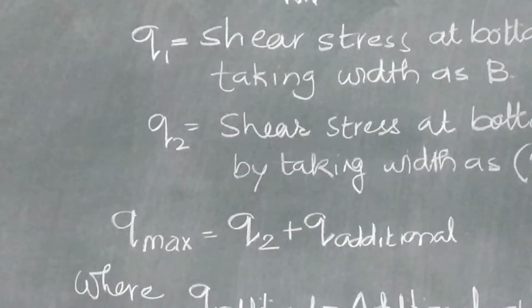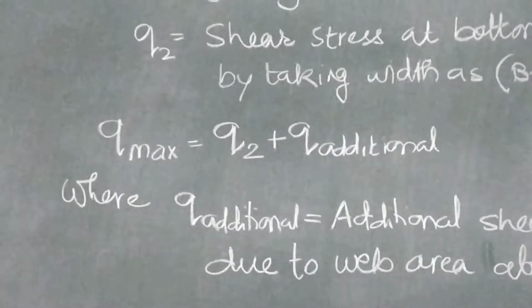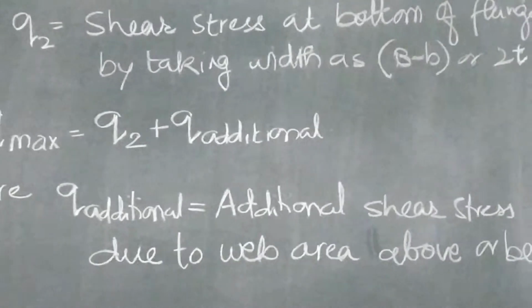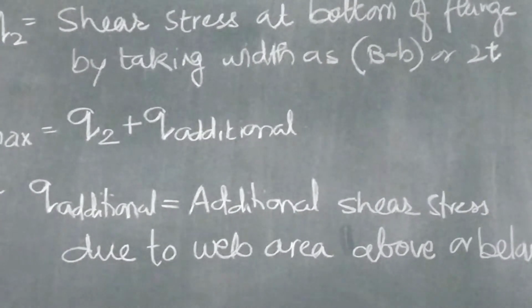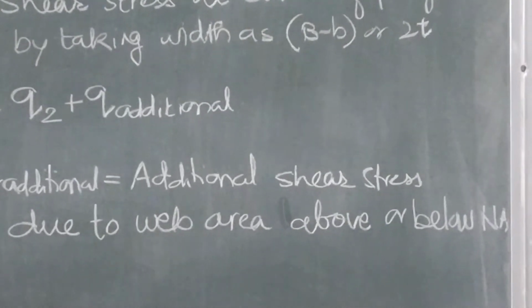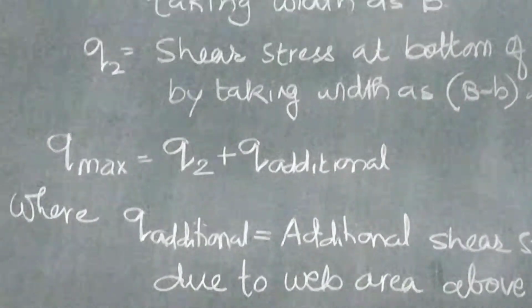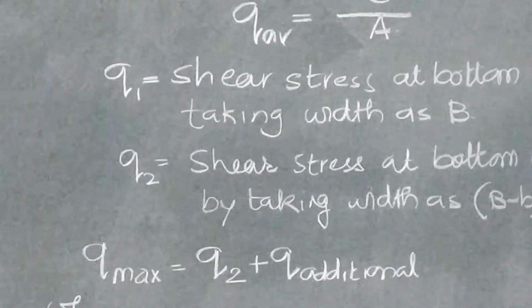Q max is Q2 plus Q additional, where Q additional is the additional shear stress due to web area above or below the neutral axis. We will see how to calculate these parameters in actual numericals.